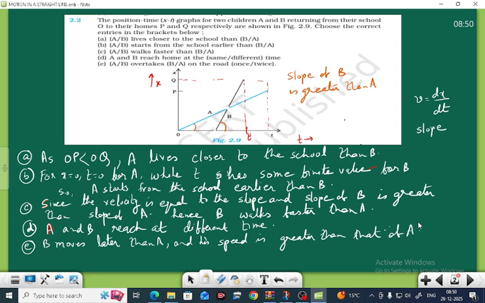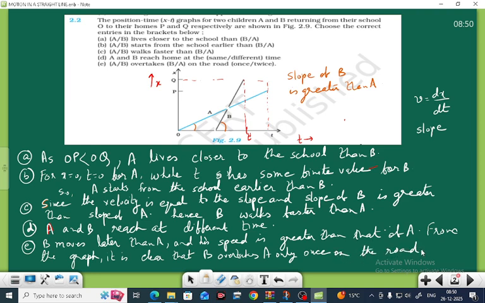From the graph it is clear that B overtakes A only once on the road, right?